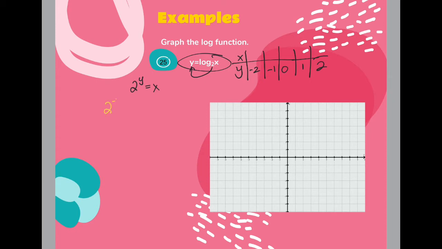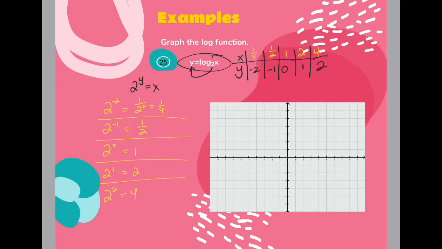So 2 to the -2, 2 to the -1, 2 to the 0, 2 to the first, and 2 to the second. 2 to the -2 would be 1 over 2 squared, which is 1/4. 2 to the -1 would be 1 over 2. 2 to the 0 would be 1. 2 to the first would be 2. And 2 to the second would be 4.